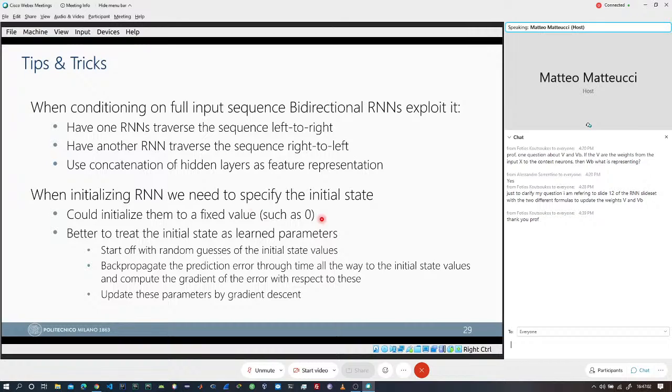One possible idea is to initialize everything as 0. Another possible idea is to learn, again via backpropagation, what should be the initial value and what should be the initial previous output of the network.